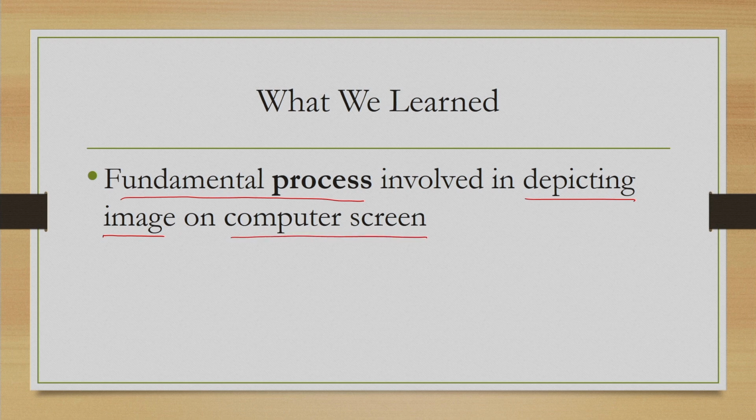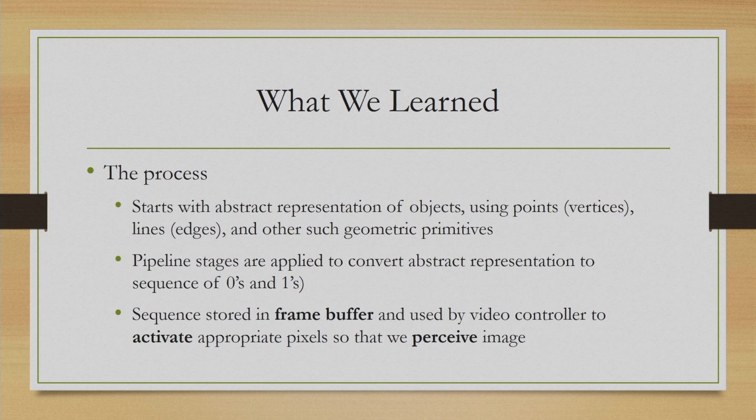That is what we have learned so far, the process. Now, in this process there are several stages. The process starts with abstract representation of objects, which involves representing points or vertices, lines or edges and other such geometric primitives. That is the first thing we do in executing the process.